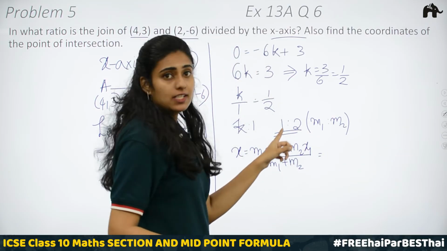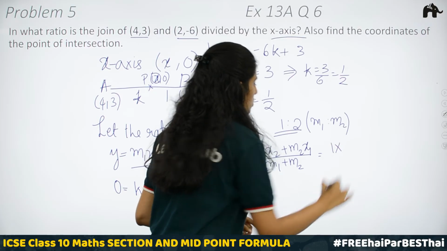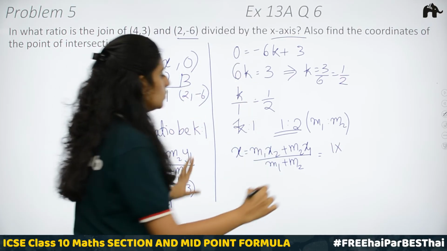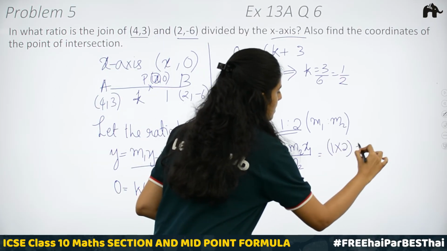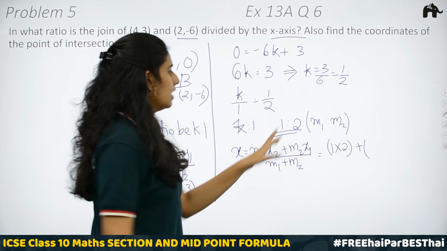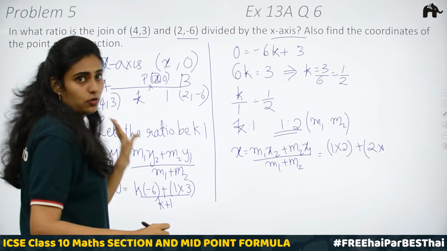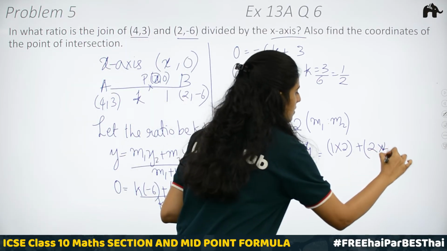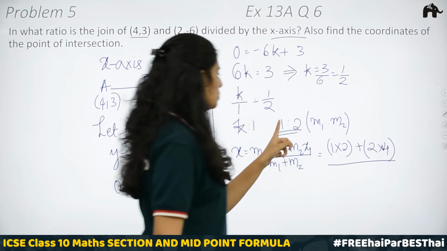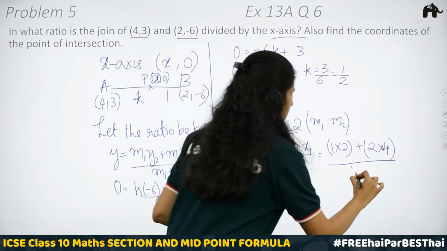Here m1 is 1 into x2, which is equal to 2, plus m2 x1. Here m2 is 2 into x1. x1 is equal to 4, divided by m1 plus m2, 1 plus 2.